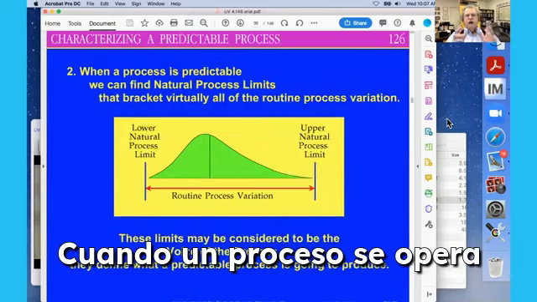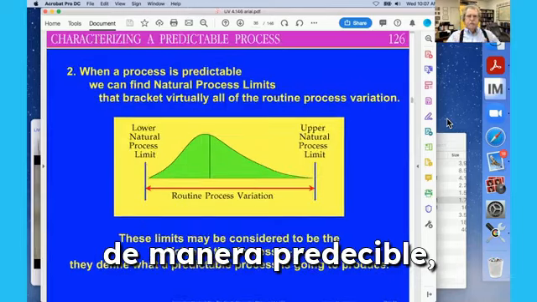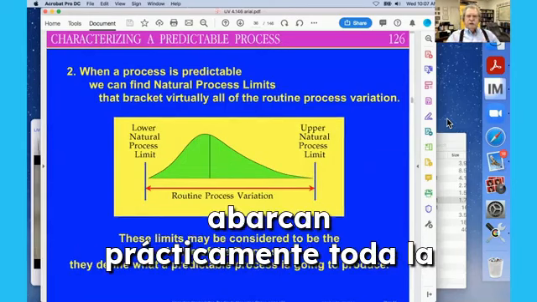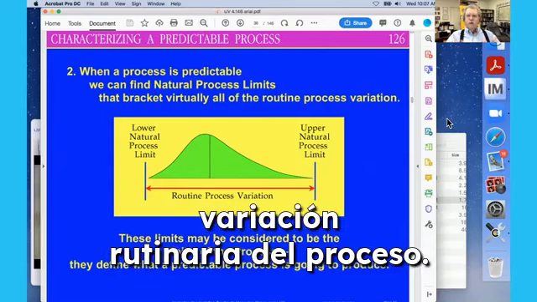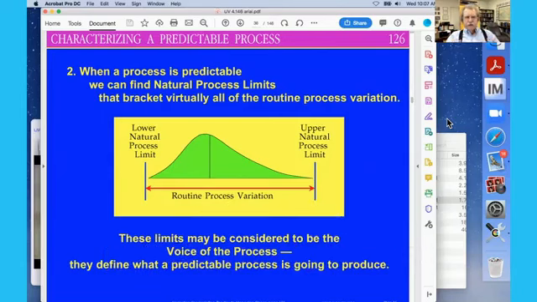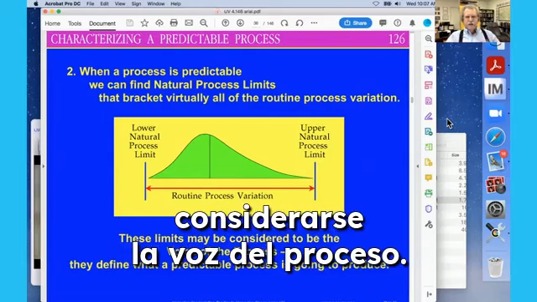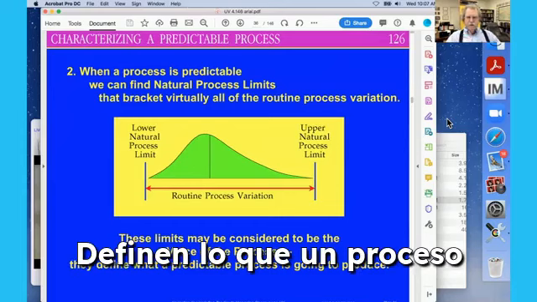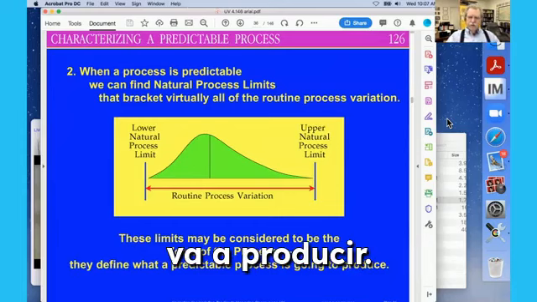When a process is operated predictably, we can find natural process limits that bracket virtually all of the routine process variation. These limits may be considered to be the voice of the process. They define what a process is going to produce.